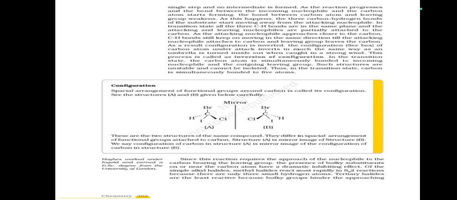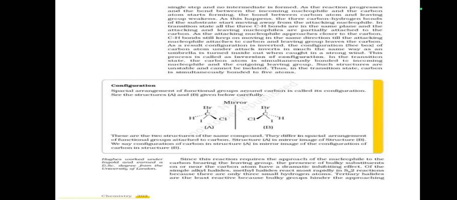As the attacking nucleophile approaches closer, it attaches to the carbon, and the leaving group leaves the carbon atom under attack. The configuration inverts, much as an umbrella does in the wind. This process is called inversion of configuration.